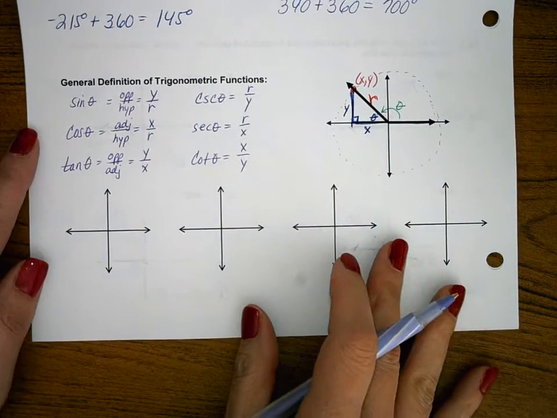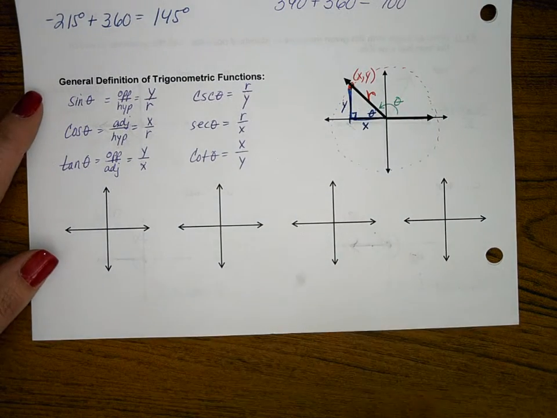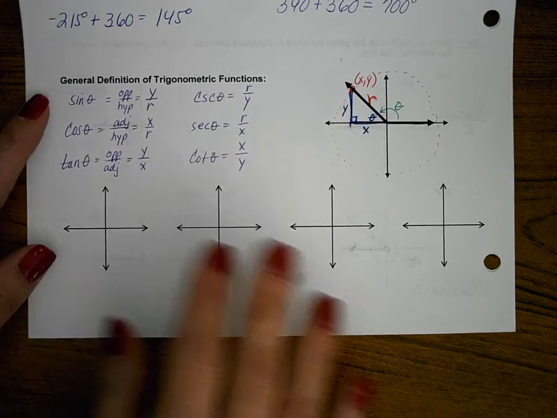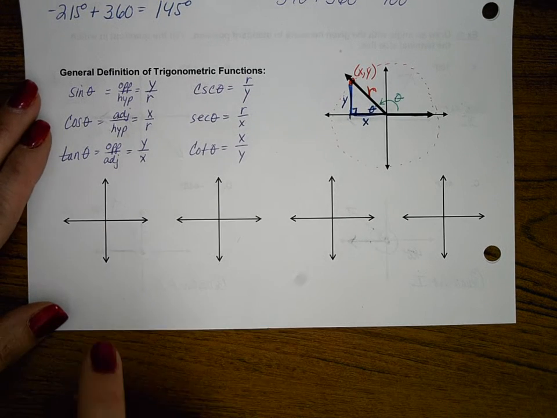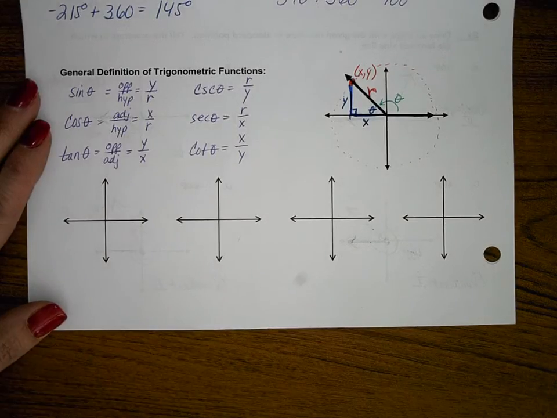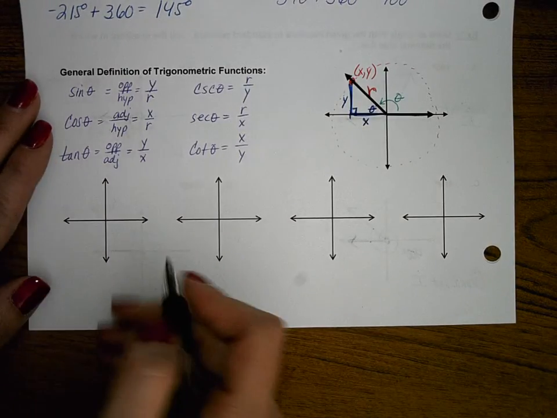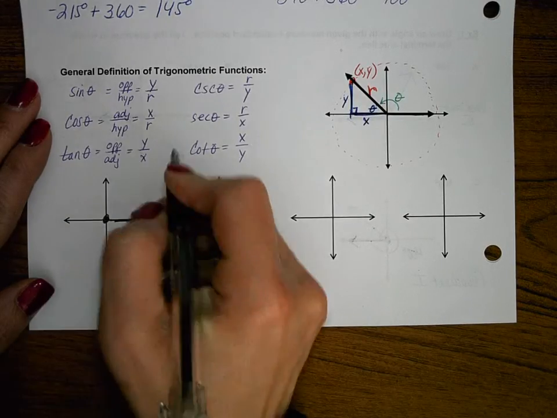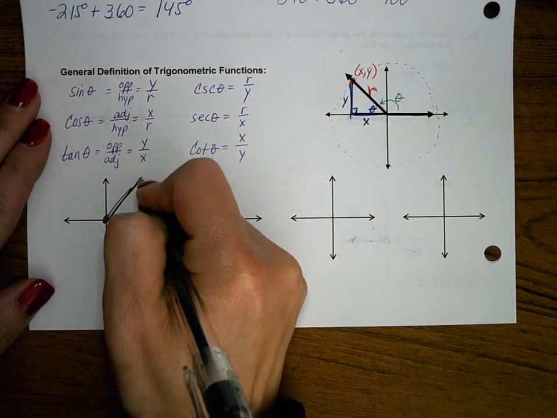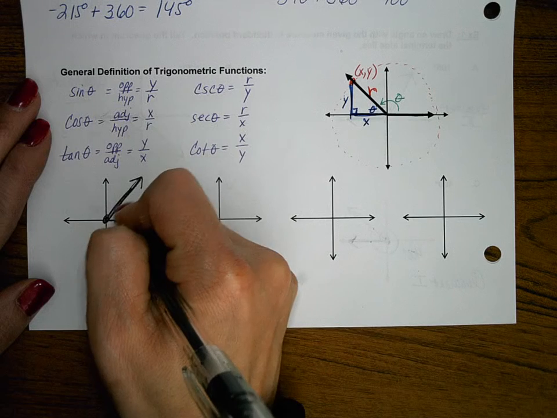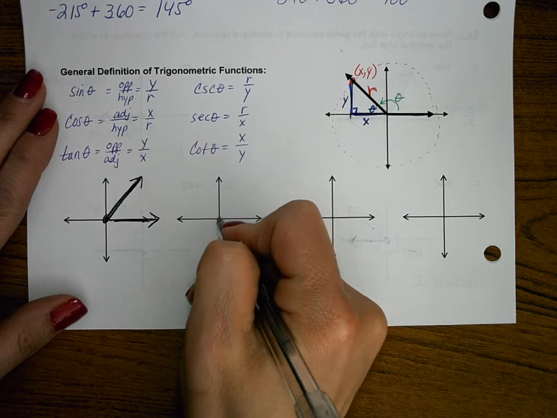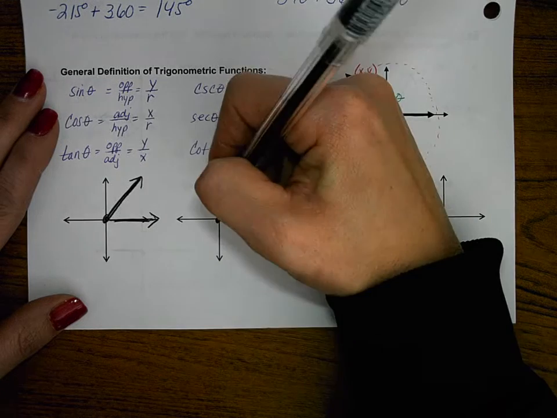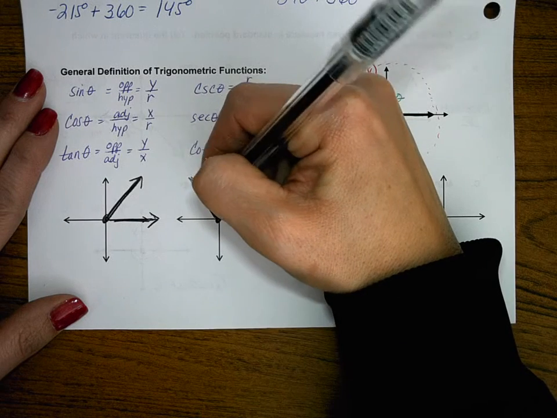Okay, now I want to show you what these look like in all of your quadrants. If I have a point in the first quadrant, in other words, if I draw an angle in the first quadrant, it's going to look like this. If I draw an angle in the second quadrant, we know it's going to look like this.